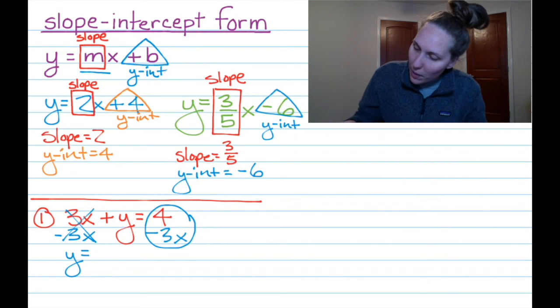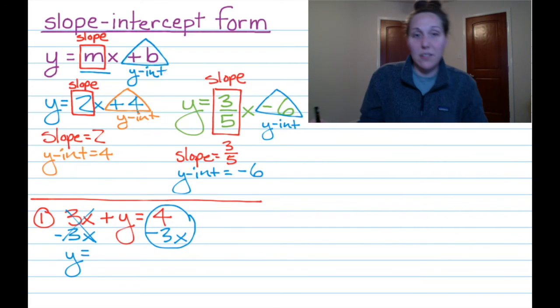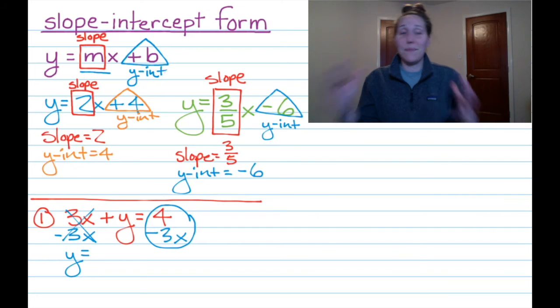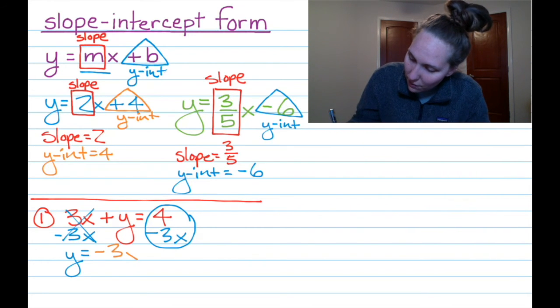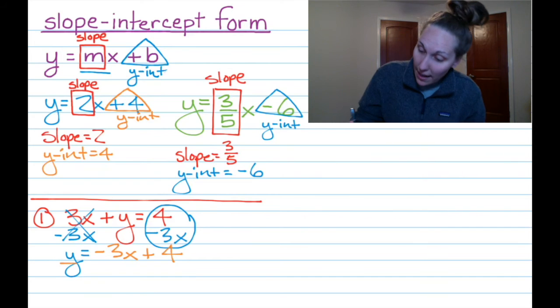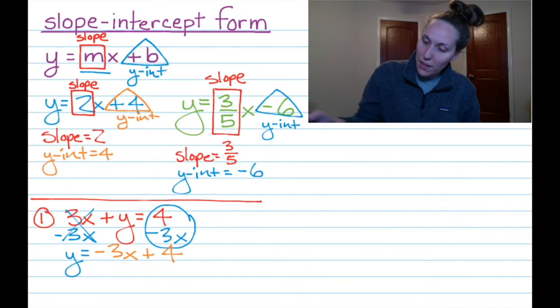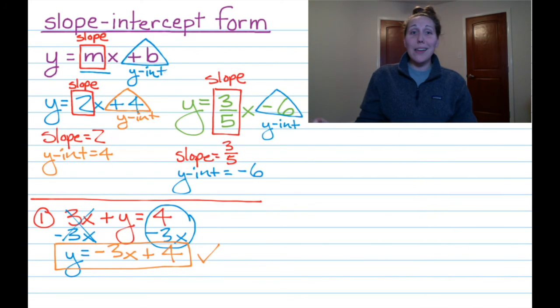And in slope-intercept form, my x value comes first. My value that has that number attached to it in front of the x. So I'm actually going to write negative 3x plus 4. I am very consciously choosing to do that because now, ta-da, I am left with an equation that is beautifully written in slope-intercept form. Amazing.